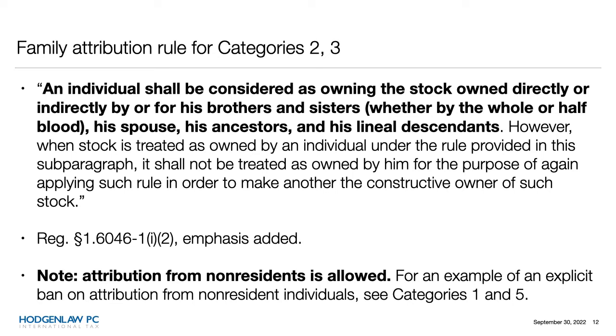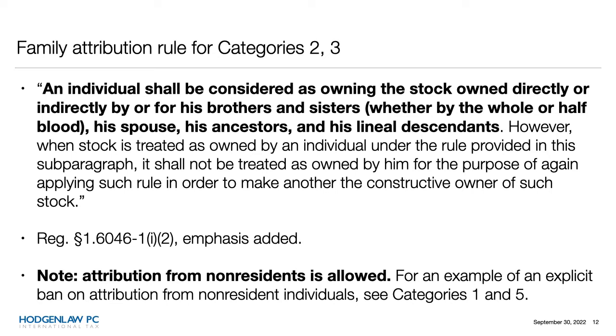And one important thing to note here, because it's always going to come into play in my experience in foreign, not always, but quite often, is attribution from non-residents. Is it or is it not permitted? And in the context of Categories 2 and 3, attribution of ownership of foreign corporation stock from non-resident family members is allowed.